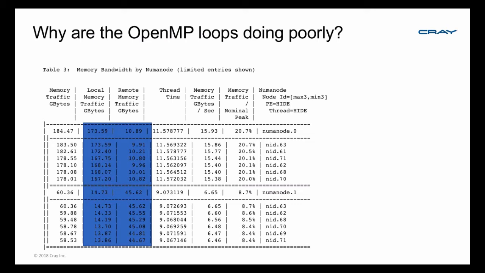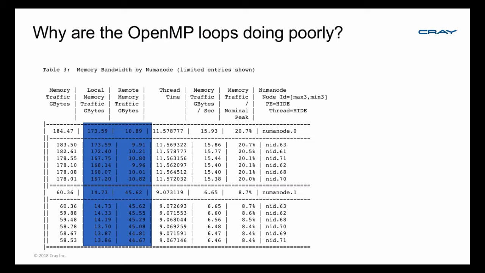Or excuse me, the remote memory traffic is to the other socket. Look at the memory traffic in gigabytes per second. It's much lower on the threads on the second socket.